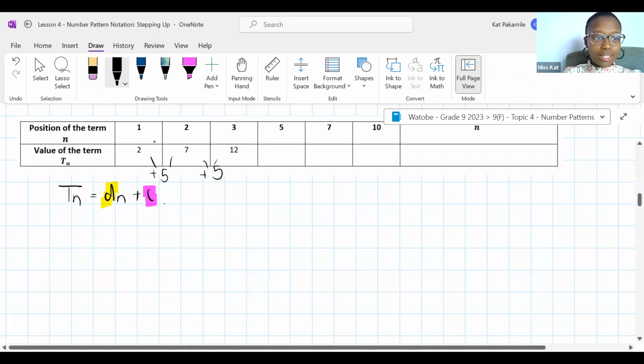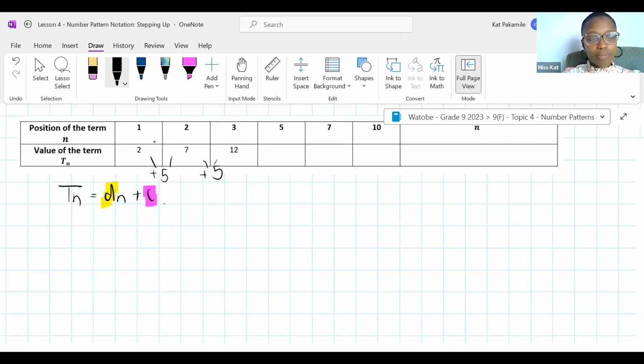Beautiful. Now, if we know our constant difference, what would T0 be? If our constant difference is 5, T0 would be... Remember, you're starting at 2 and you have to subtract 5. Do you see that?